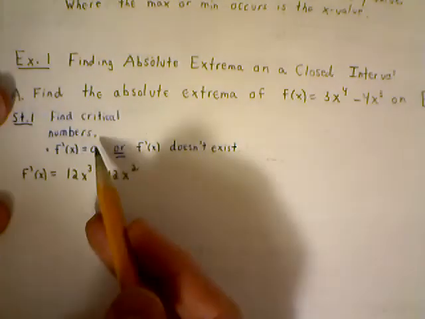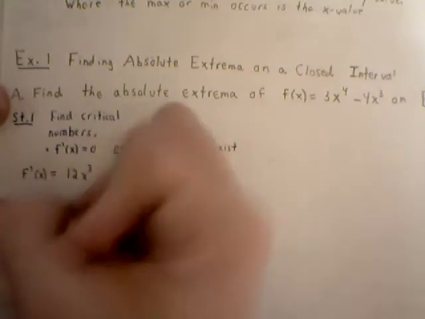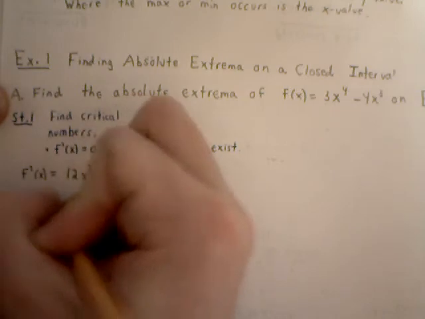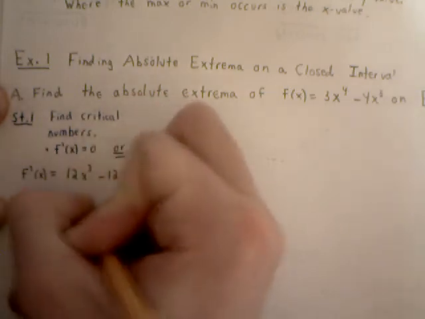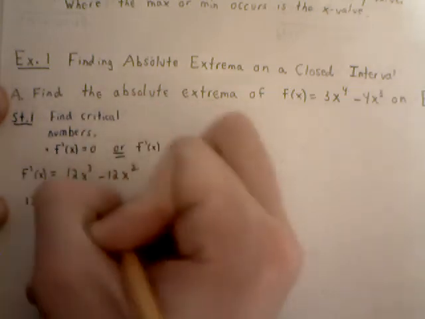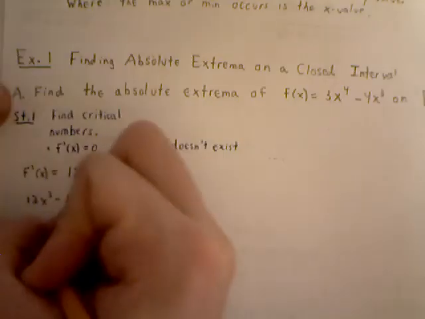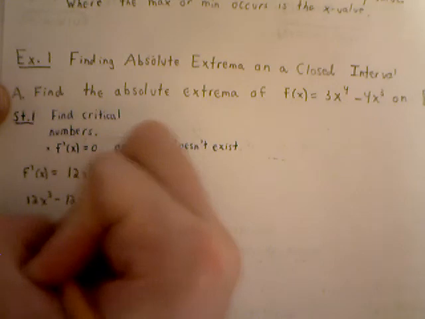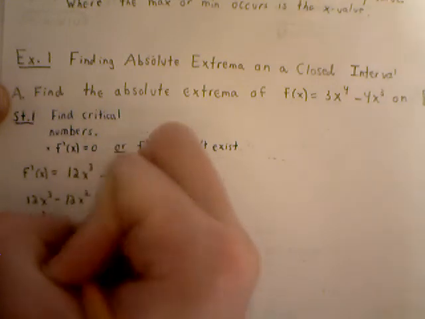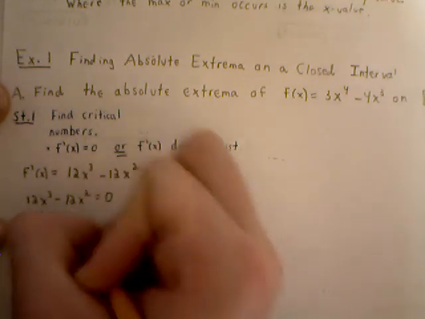To actually find the critical numbers, you set the derivative equal to 0. Let's factor out a 12x squared. Then I've got x minus 1.